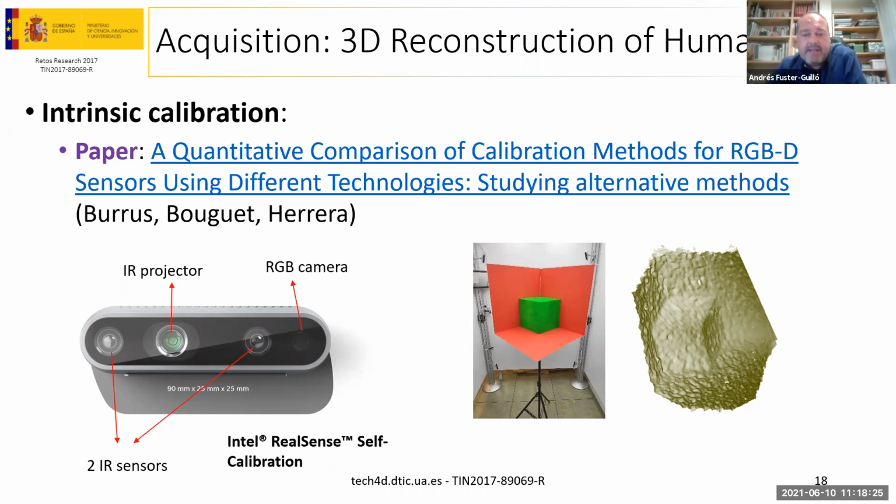The SDK calibrates this sensor, but also the intrinsic calibration related to the infrared sensors provided by the camera. But in the SDK, we also face the extrinsic calibration, that is the alignment of the two images provided by the camera, the color image and the depth image. You have to properly align these two images to get good results.